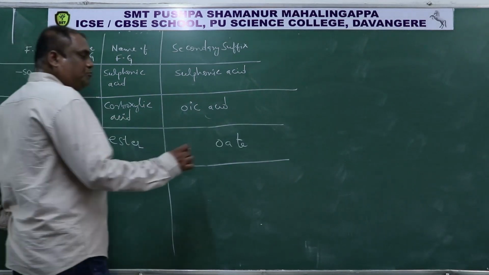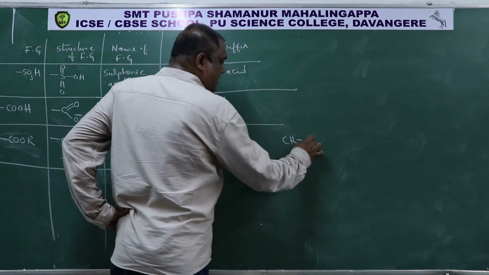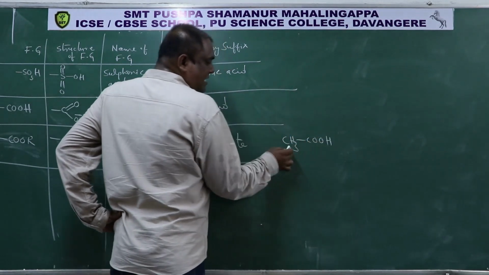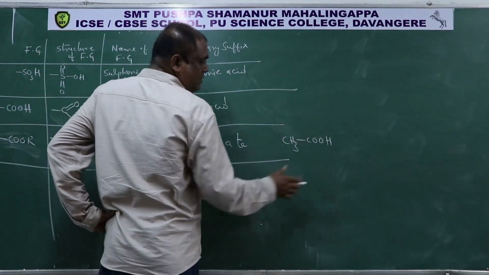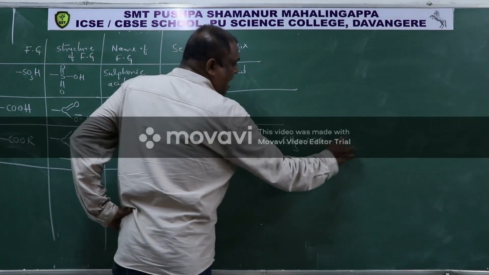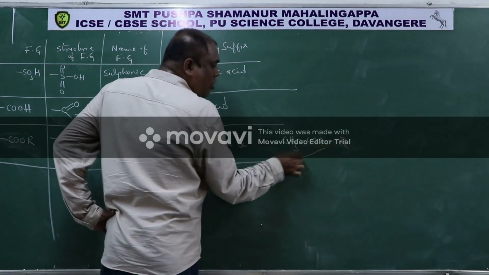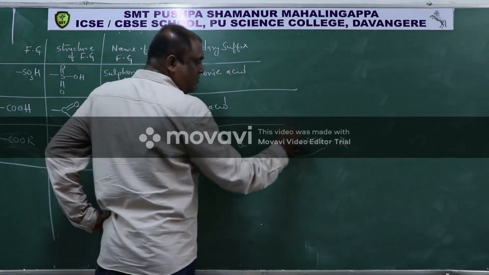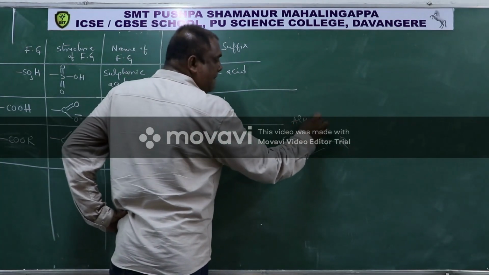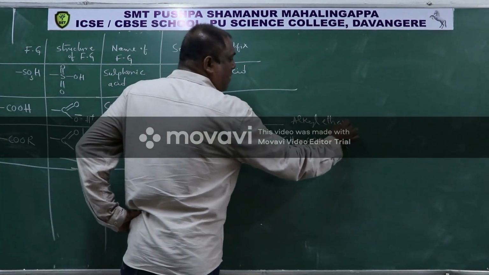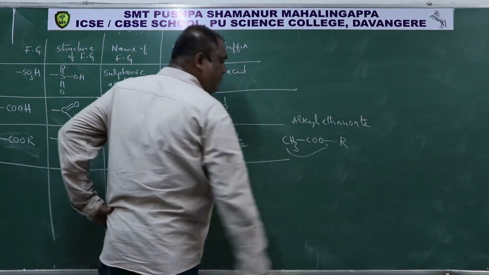See, this is CH3COOH. Its name is ethanoic acid. But here now I am attaching R. Then alkyl ethanoate, like that. Its name becomes alkyl ethanoate.